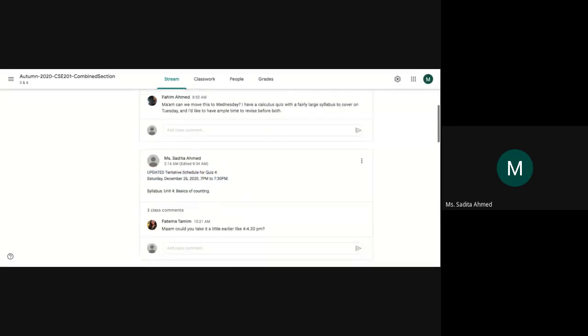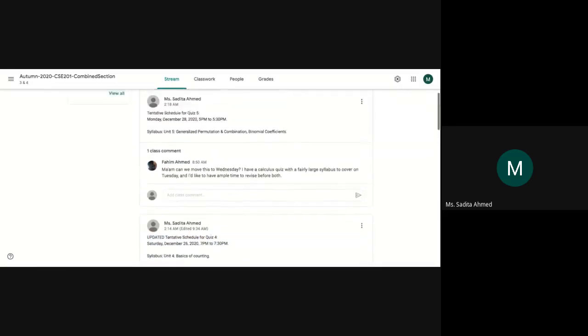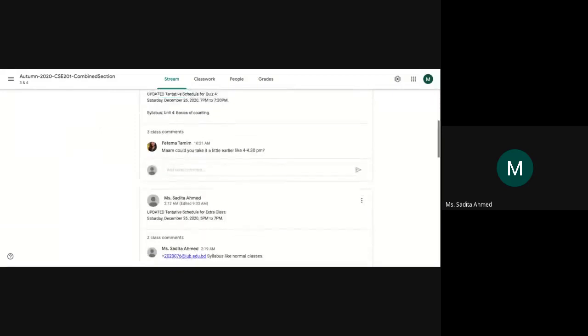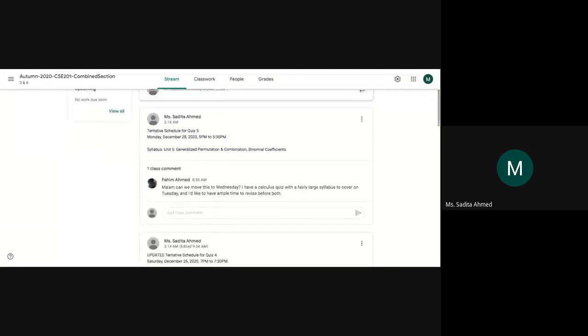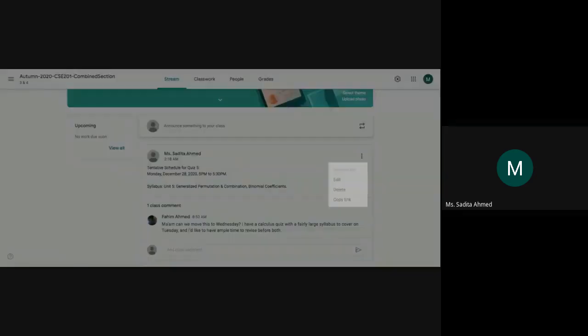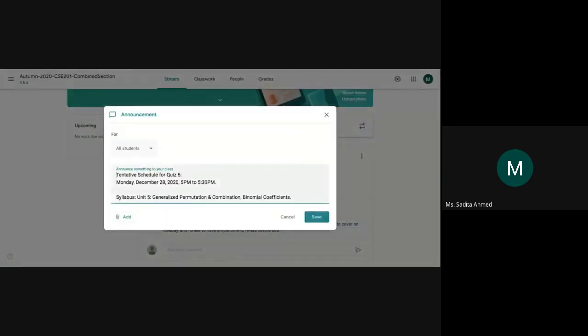Since there are no clashes, this is the schedule that we will follow. The finalized schedule for the extra class and the fourth quiz. And for quiz 5, there will be a slight change. Instead of 5 p.m. to 5:30 p.m., we'll do 5:30 p.m. to 6 p.m. as per the request from one of the students.